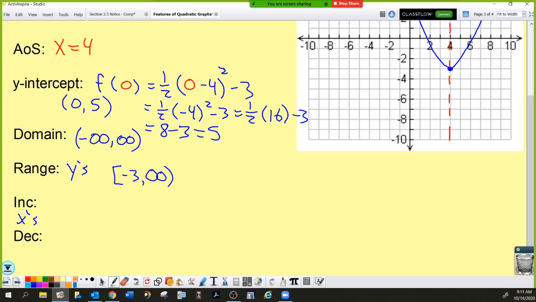And we know that the vertex, the axis of symmetry, is the switch. So the switch happens when x equals 4. So to the left of 4, is my car rising or falling? One person said falling, and that person's absolutely right. Decreasing to the left of 4. So negative infinity to the value 4, don't include 4. And to the right of x equals 4, my graph is going up.